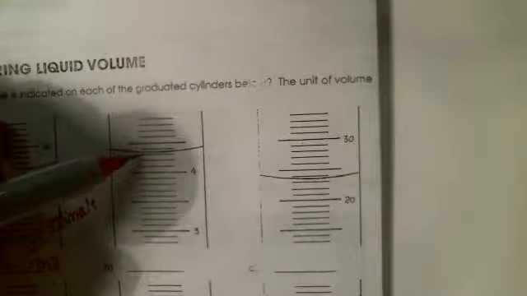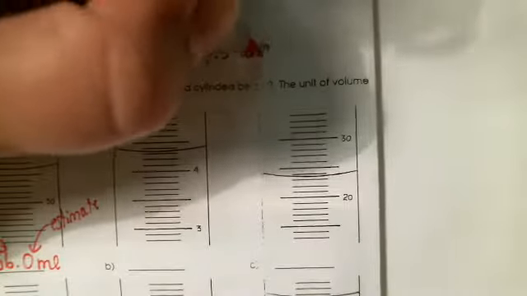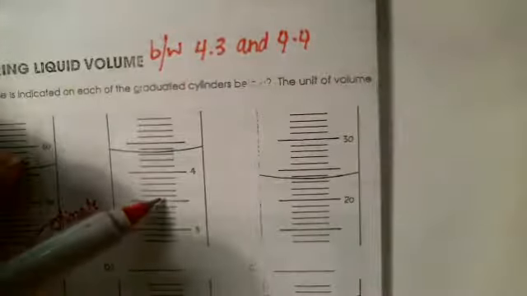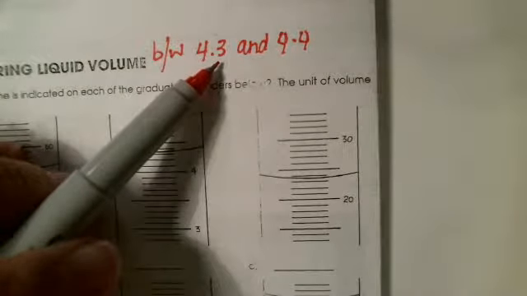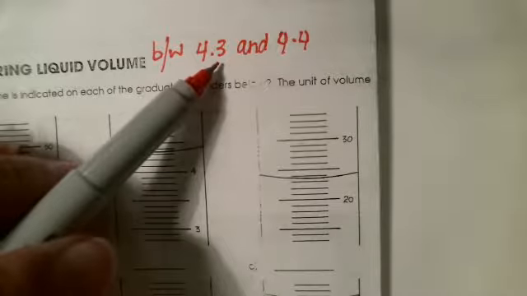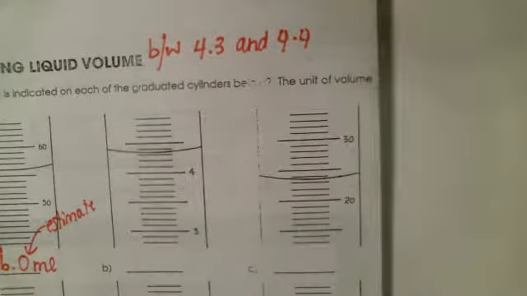All right, so now our meniscus lies somewhere between 4.3 and 4.4. Now we know for a fact, we can see the lines increasing, that correspond to the first decimal place. So therefore, we need to estimate one more spot. So we need to estimate the hundredths or second decimal spot.